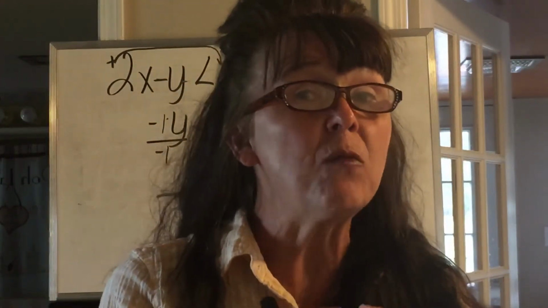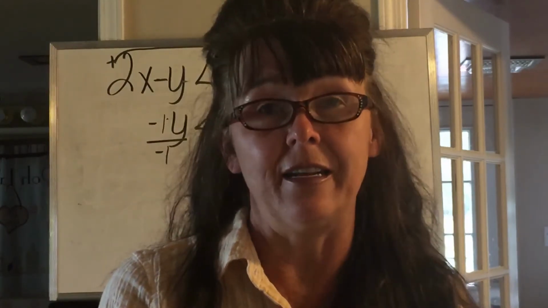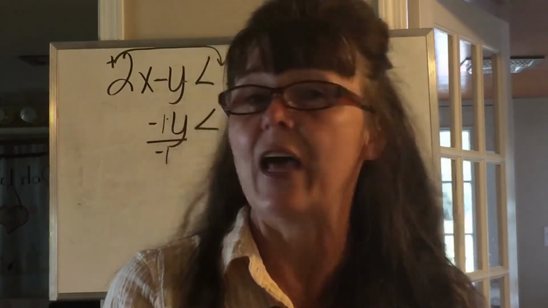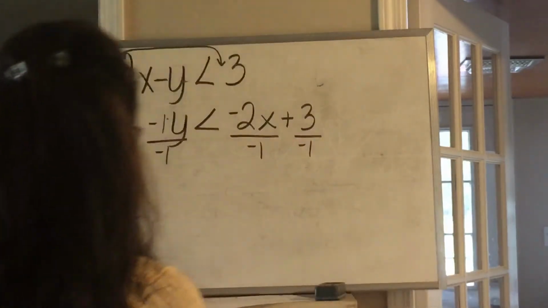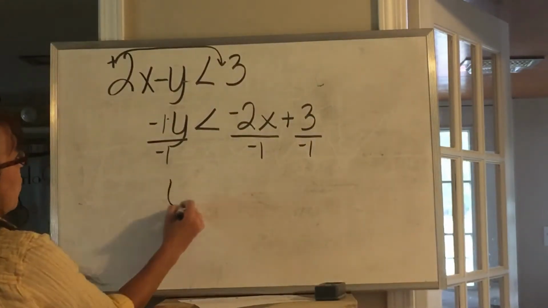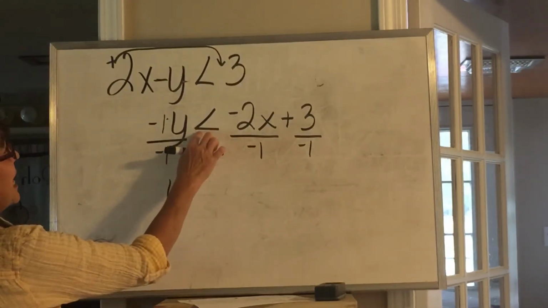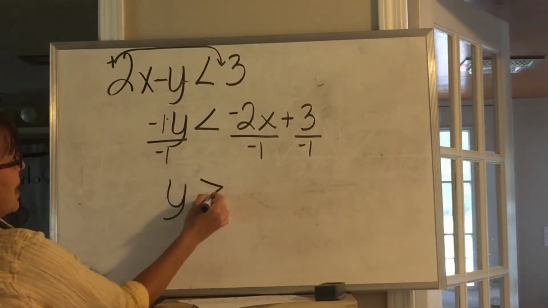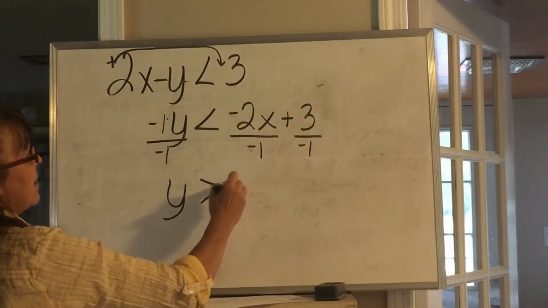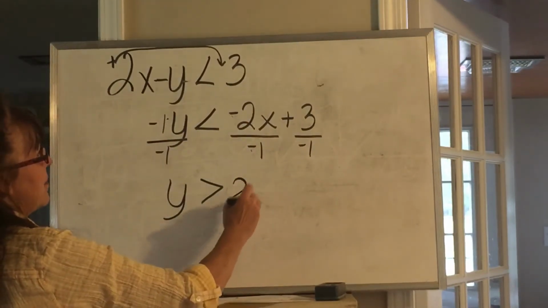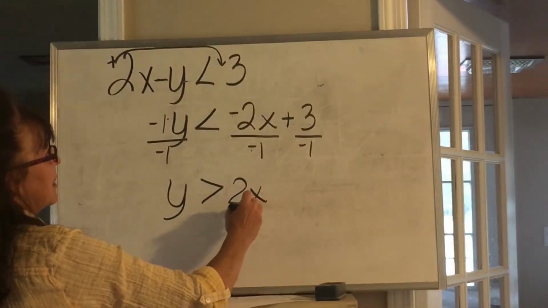Now, if I was dividing by a positive, then that sign would not change. Okay, so this is going to be y, but this less than sign becomes a greater than sign. A negative over a negative is a positive. Bring down your x.